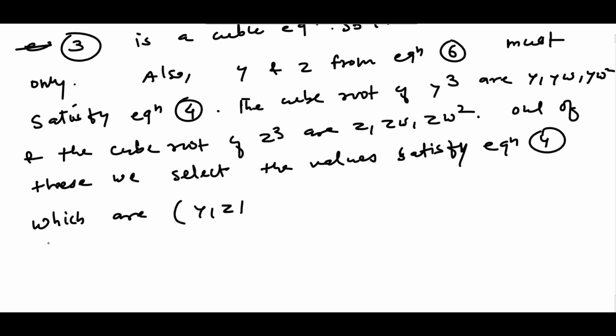That is y comma z. Second, that is y omega comma z omega square, and here will be y omega square comma z omega.